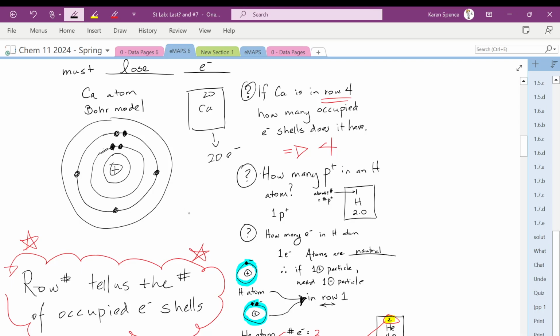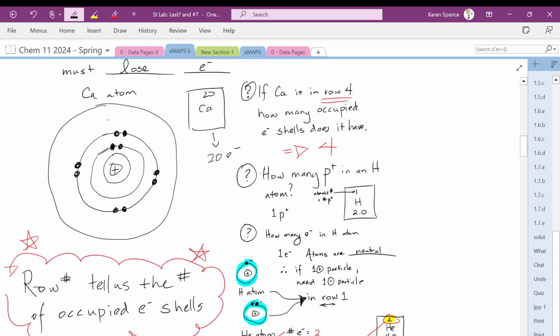And then we go to the right, the bottom, and the left. That gives us 10. Oh, I've only drawn 3 shells. I need to draw a 4th shell. Here's my 4th shell. There we go, calcium atom.